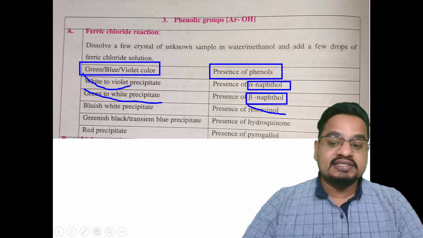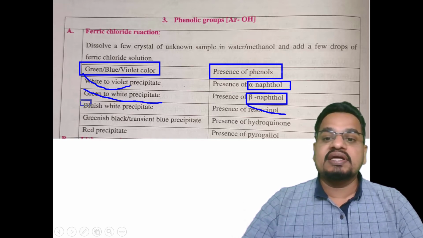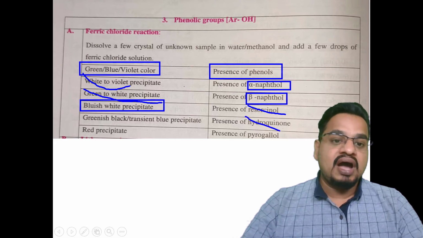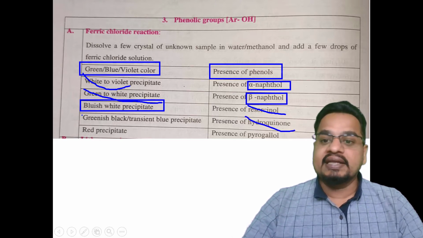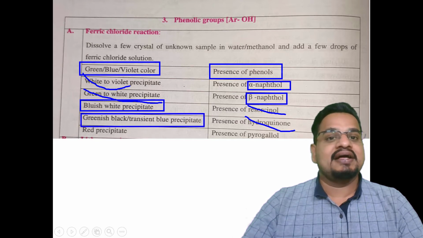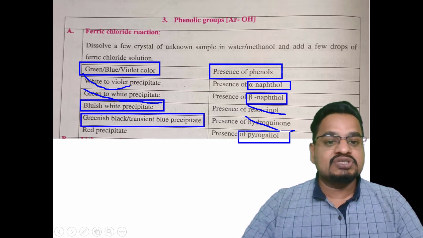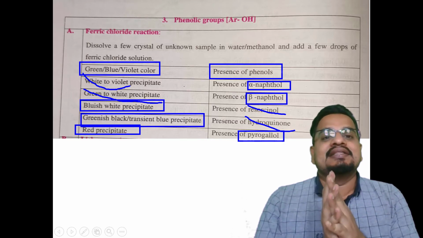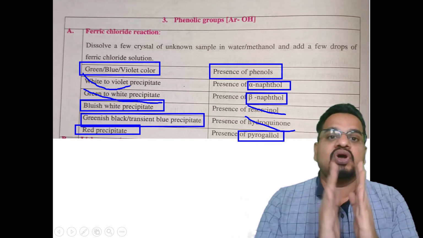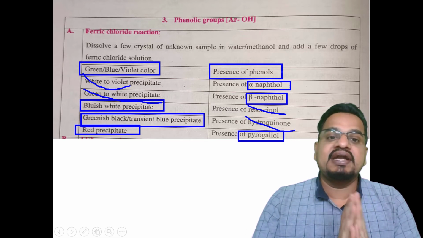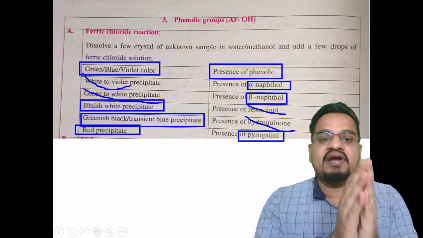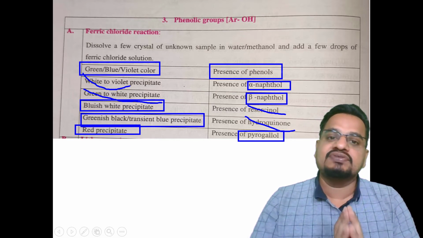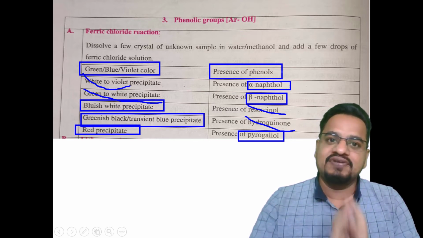In case of resorcinol, it is a bluish to white precipitation. In case of hydroquinone, it is a greenish black precipitation, and in the presence of pyrogallol, you will have a red precipitate. So this is the identification of the phenolic group in these different derivatives of phenol, that is alpha naphthol, beta naphthol, resorcinol, hydroquinone, pyrogallol. These are the different phenols.